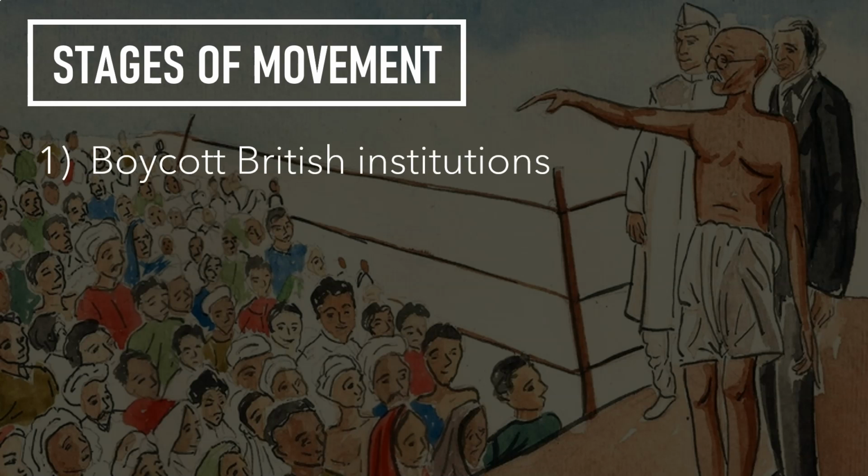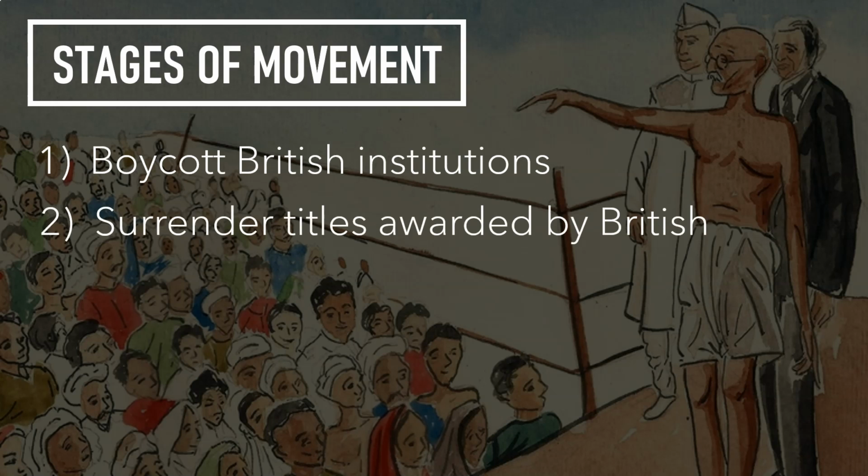Initially, boycotting of British institutions took place. So doctors, lawyers, judges, and students left British institutions such as hospitals, courts, and schools. Next, the Indians surrendered any titles awarded by the British.